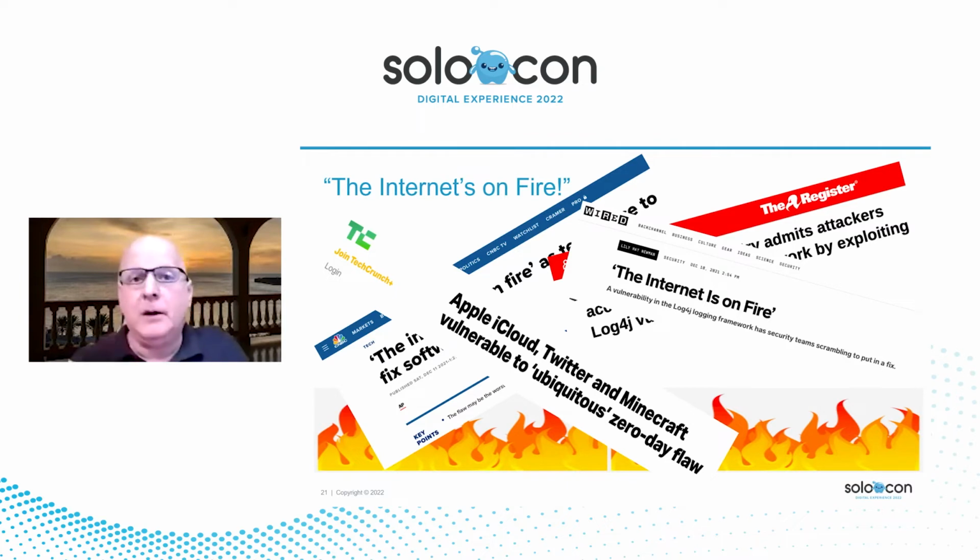A number of systems from prominent tech organizations were compromised, and emergency response teams from around the world were activated to respond. So this is a really serious issue. In fact, that's why the CVE for the Log4Shell vulnerability was given a criticality score of 10 out of 10.